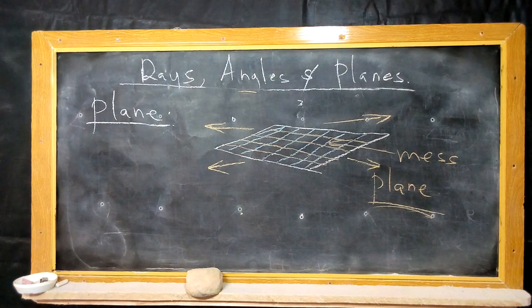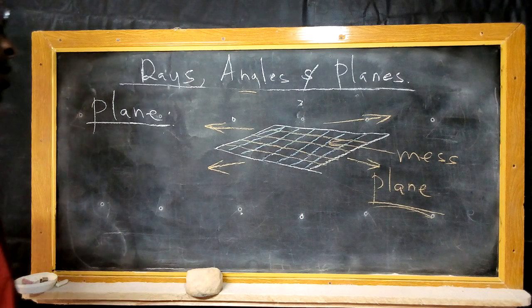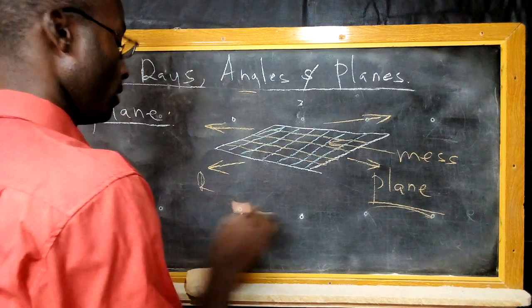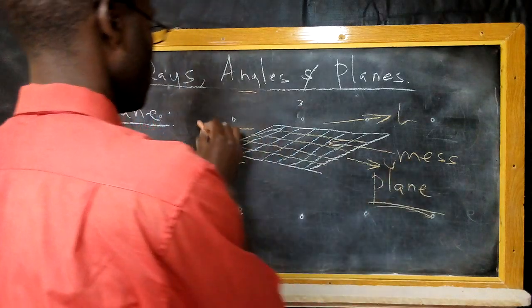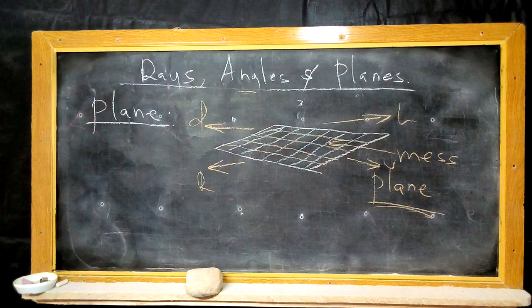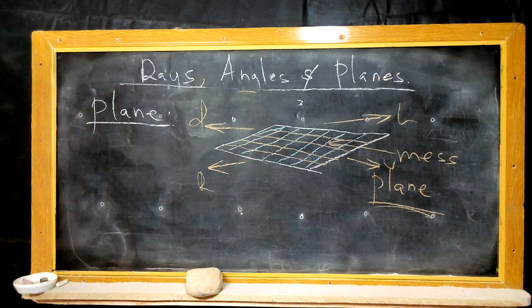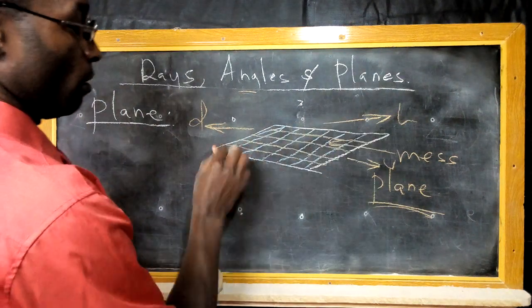Maybe we can say right, left, up and down, or north, south, east and west. So it's a large flat surface that goes infinitely in four directions, and in geometry it is represented the way that we have drawn. But since we just have to show it, we have to have a limitation. That is why I've put the boundary in white.